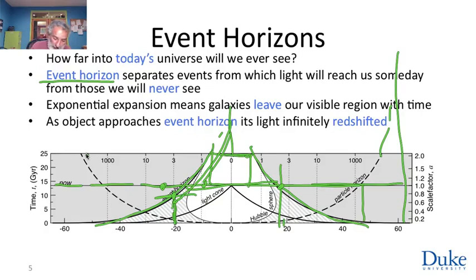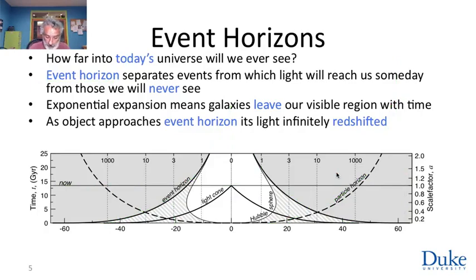So we have our particle horizon, which is all of the bits of the universe that we can see since the Big Bang. Let me clear the picture up a little bit. Our current particle horizon involves all the parts of the universe that we can see as they were at the Big Bang. It touches here.